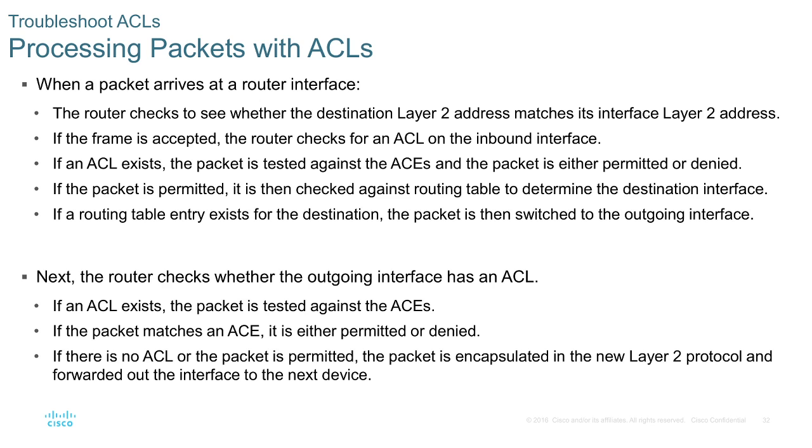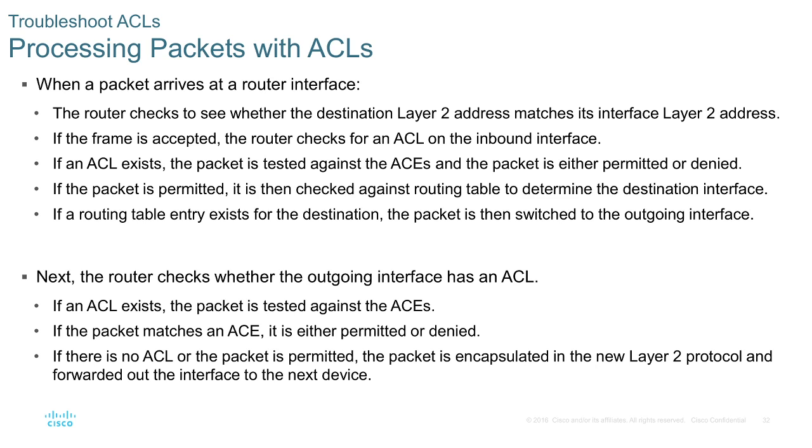So when a packet is incoming to a router interface, the router will check whether there is any match for the layer 2 destination address, and then the frame is accepted. Then it will go into the ACL level and check the inbound interface. If there's an ACL, then it will check based on that, permit or deny.